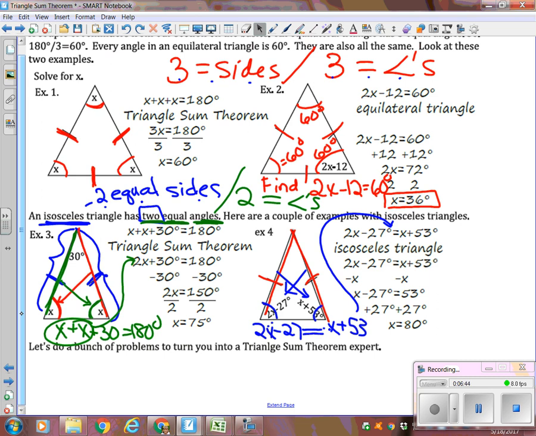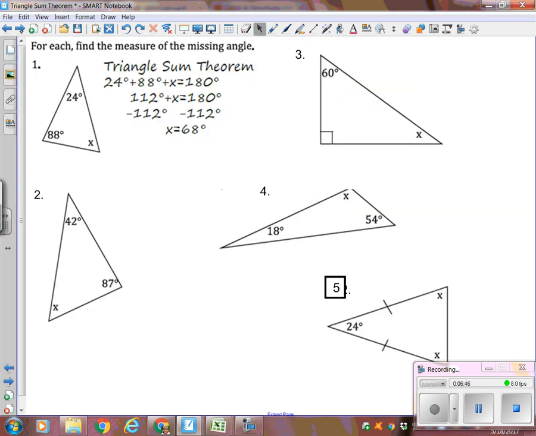Pretty quick, pretty easy. All right, you have a few selected problems. I think I trimmed them down to around 10, 12, so you don't have that many. All of these should be very easy to figure out. You just simply set them up. For example, number 3, I see 60. This mark here always indicates 90 degrees, and then you're looking for x.